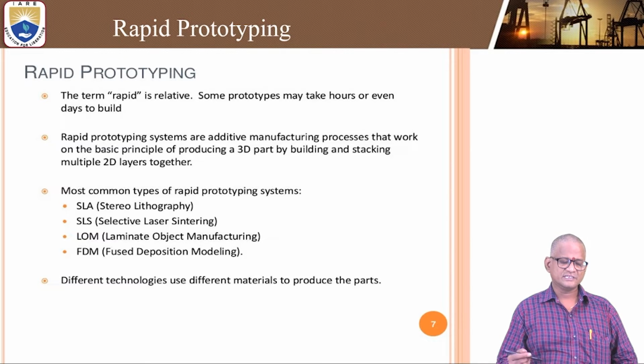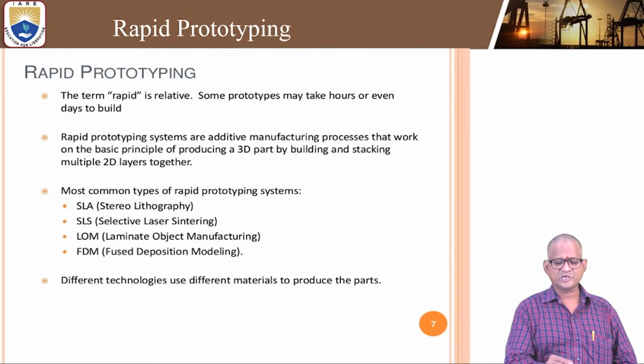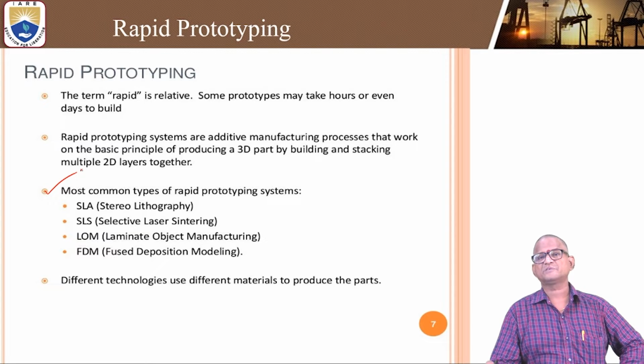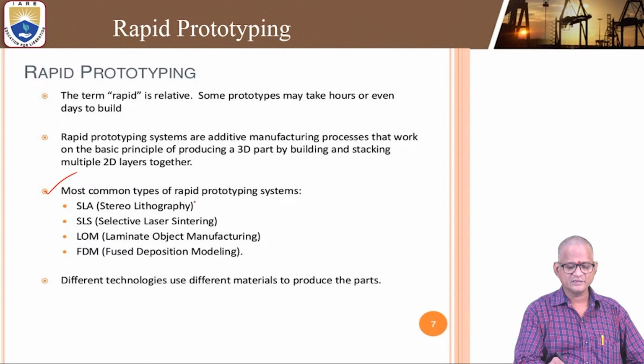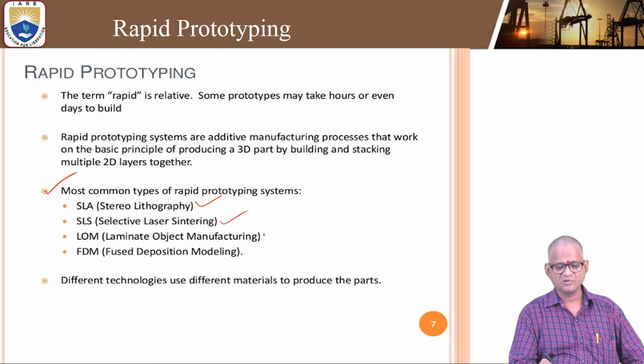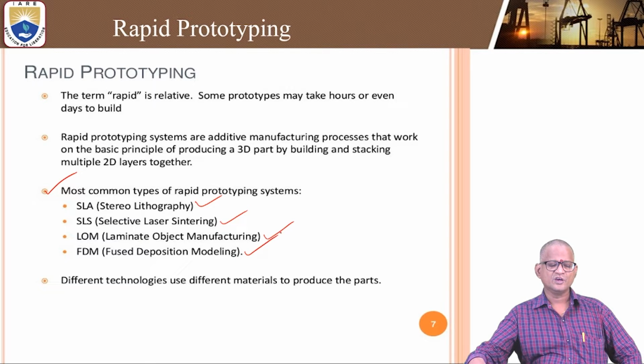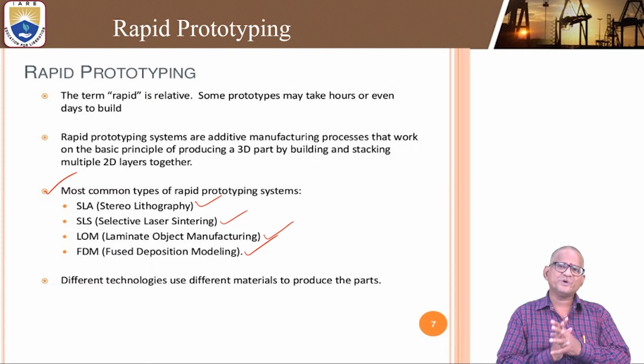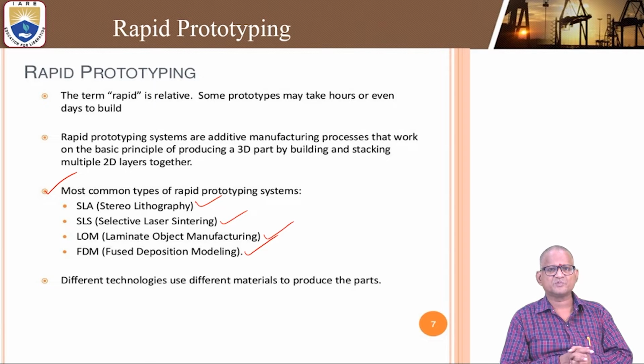Some of the most common types of rapid prototyping systems are SLA, SLS, LOM and FDM. These are the four important basic systems where you can use rapid prototyping or 3D printing machines.